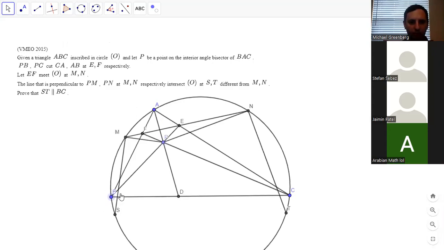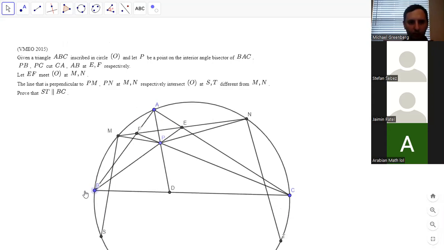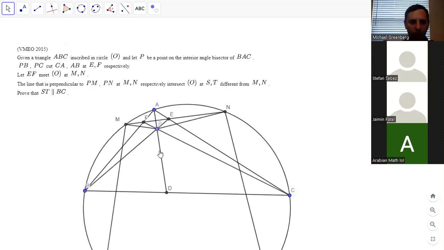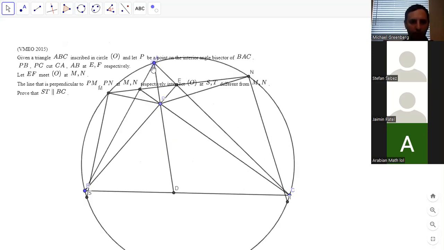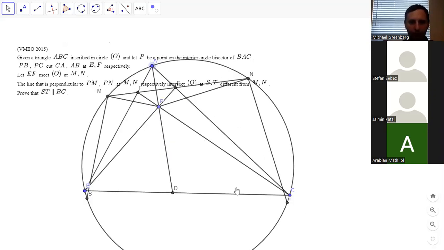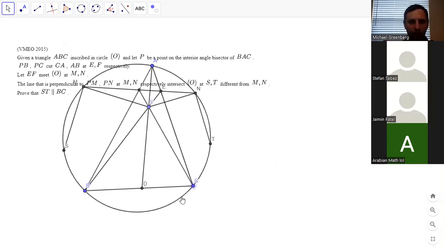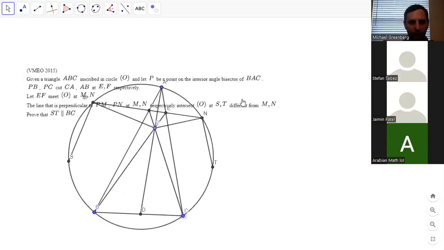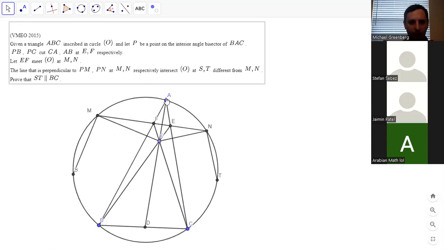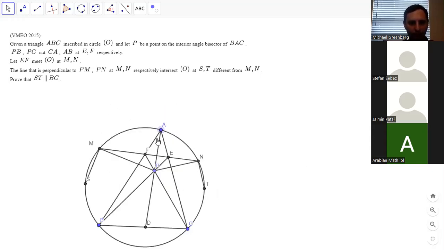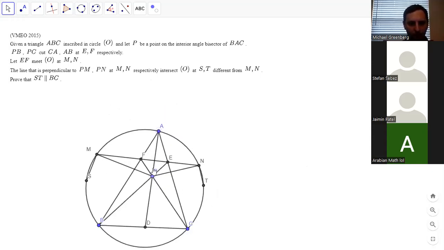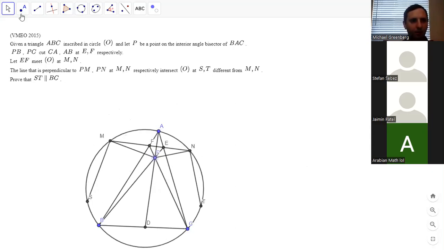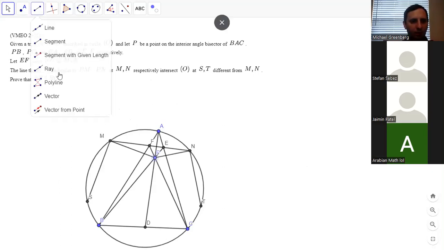Yeah, let me adjust the diagram a little bit. I don't know if it's easier if it's an acute triangle or a... let's see. Oh, it looks like it might be easier. Maybe if it's like a very narrow triangle, that would make it easier. Let's see. How about this?